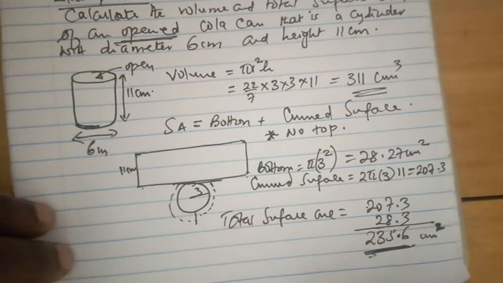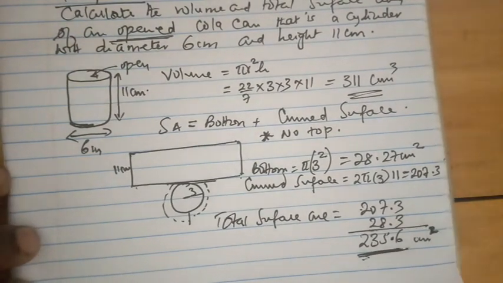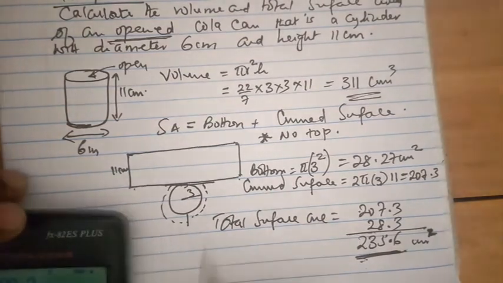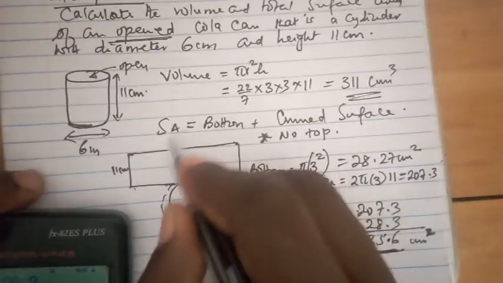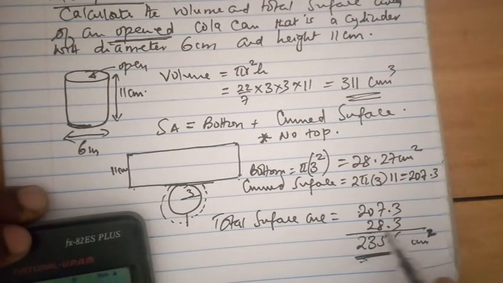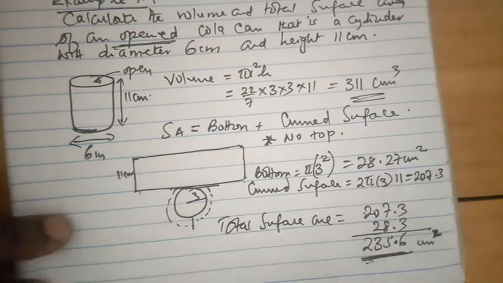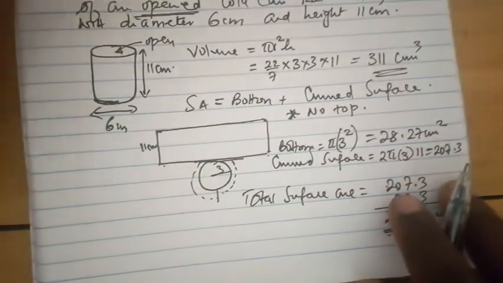Remember, the top was open. If the top was closed, just like the question suggests, because I've seen some corrections, then we are supposed to add another circle, which means plus 28.3, because the top and the bottom have the same area.